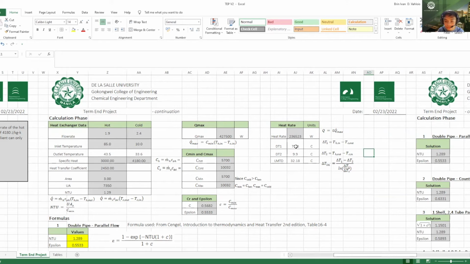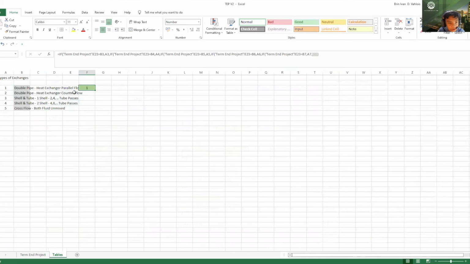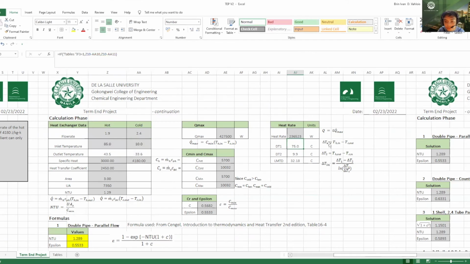But to keep note, if F is equal to 1, then it is a double pipe heat exchanger with parallel flow. Delta T1 is equal to TH in minus TH out, and delta T2 is equal to TC out minus TC in. So the value here is 75 degrees Celsius, delta T2 is 9.9 degrees Celsius, and the logarithmic mean temperature difference is 32.18 degrees Celsius.